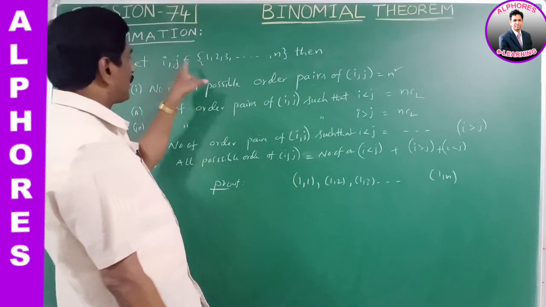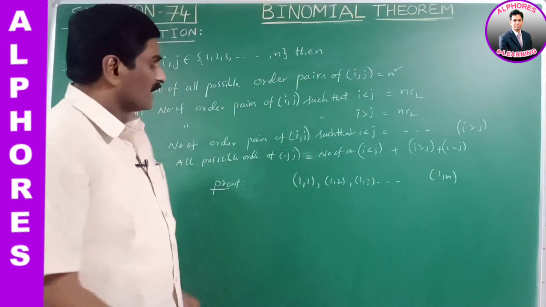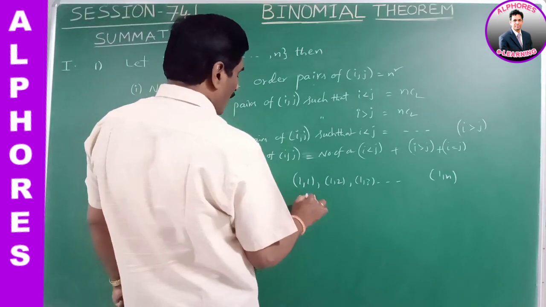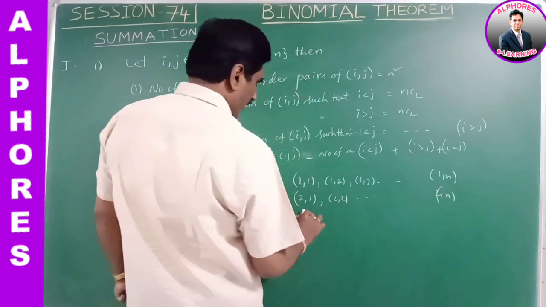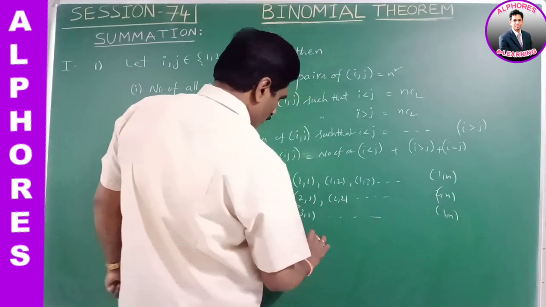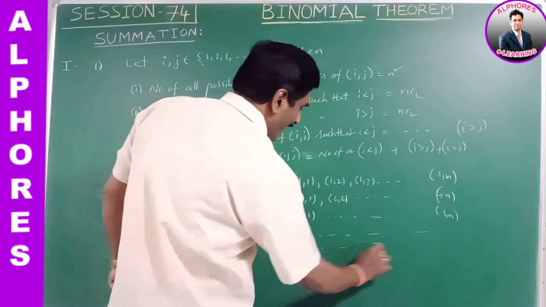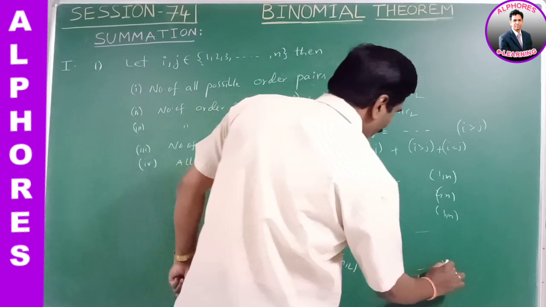If i is equal to 1, then j belongs to all of these values. There are n possibilities. Suppose i takes the value 2: 2, 1; 2, 2; so on 2, n. Suppose we take 3: 3, 1, so on 3, n. Suppose so on 4, 5, 6 up to n: n, 1; n, 2; so on n, n.